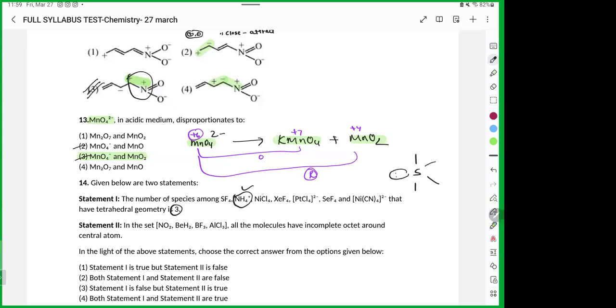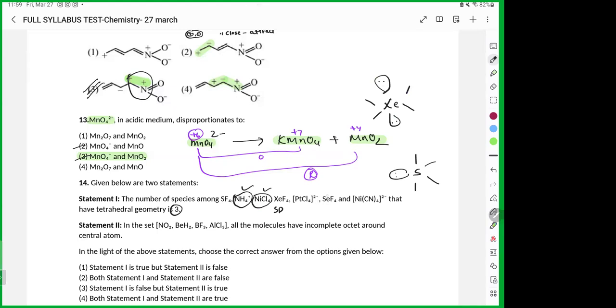This definitely has tetrahedral. Nickel chloride, in this case, tetrahedral is there because we have seen it in coordination compounds. XeF4 will be square planar like this: 1, 2, 3, 4, one lone pair up, one lone pair down, because total 8 electrons. 4 bond pairs, 4 lone pairs.